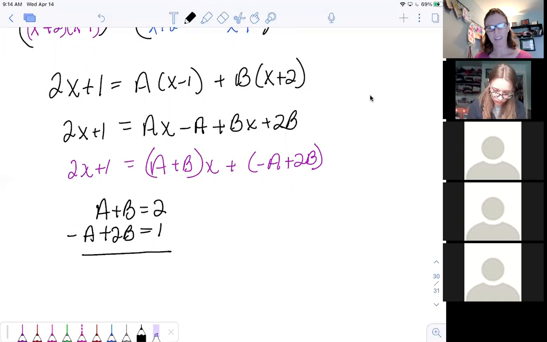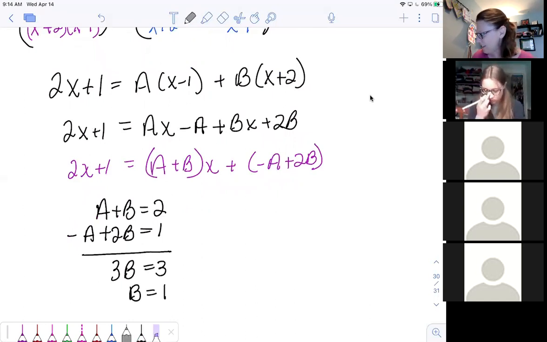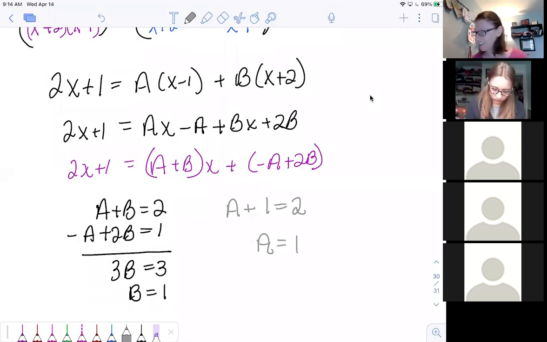You get 3b equals 3, and then b equals 1. Perfect. And if b equals 1, Hannah, that means a is equal to? 1. Yeah, what a boring fraction. A and b are both 1.